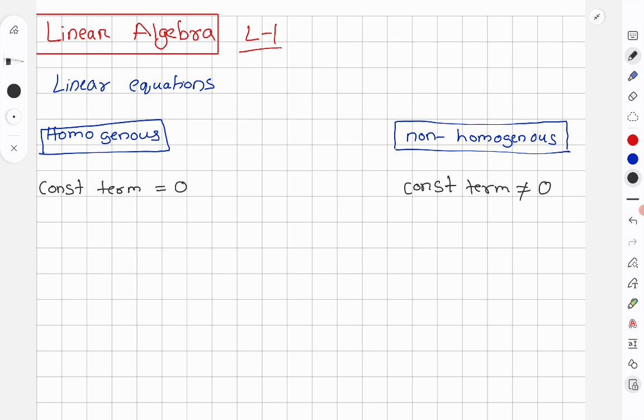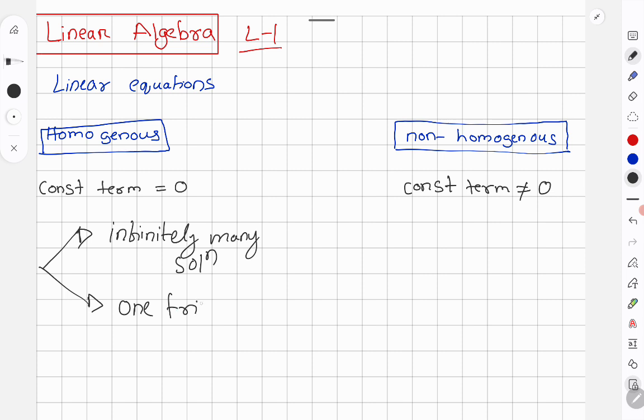So in homogeneous equations, there are two possibilities. Either you have infinitely many solutions, or one trivial solution.